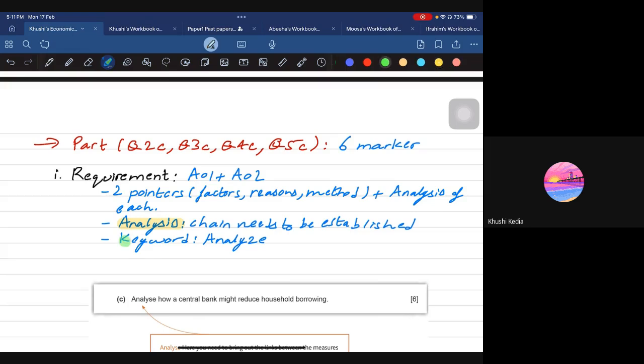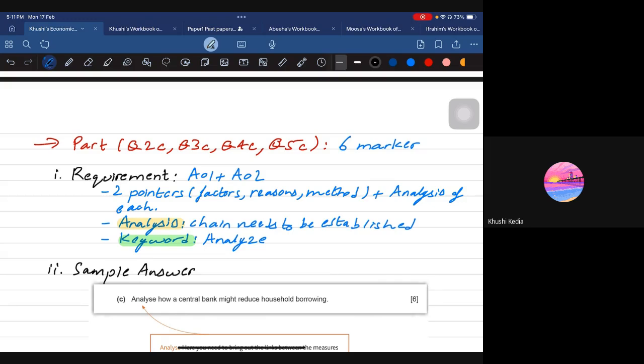So now if we look at one of the sample answers here, I have a question. Two pointers need to be mentioned and then the analysis of each. So, is it like 4 marks for analysis? Does that mean two impacts per point, or does the chain need to be longer?